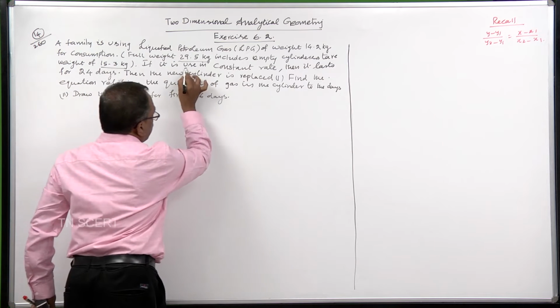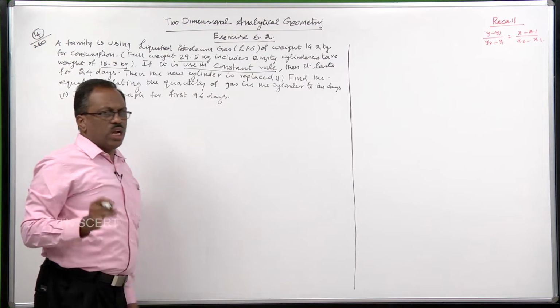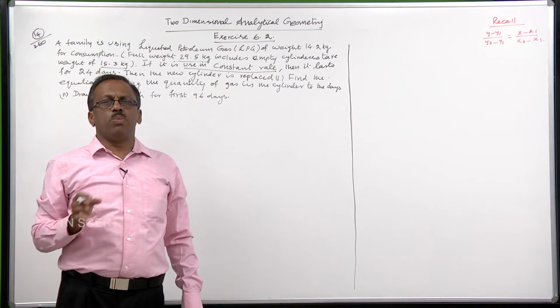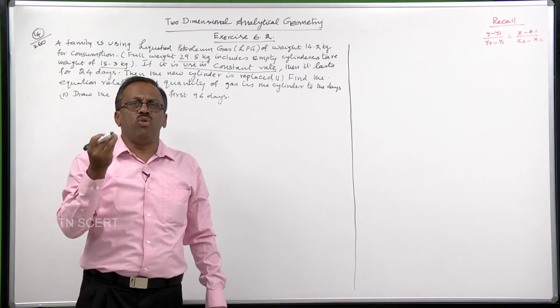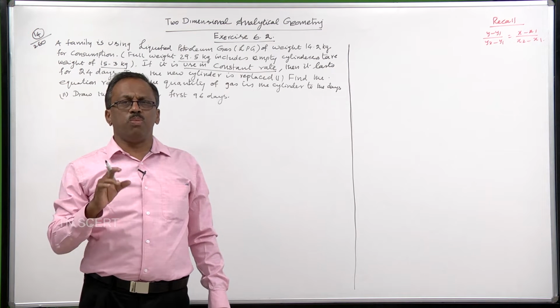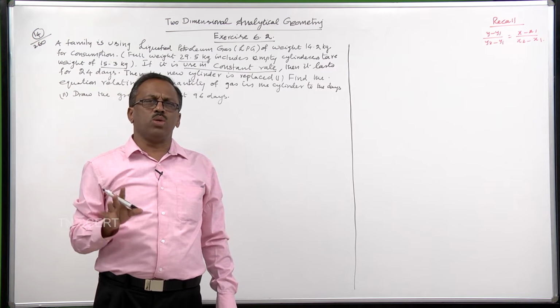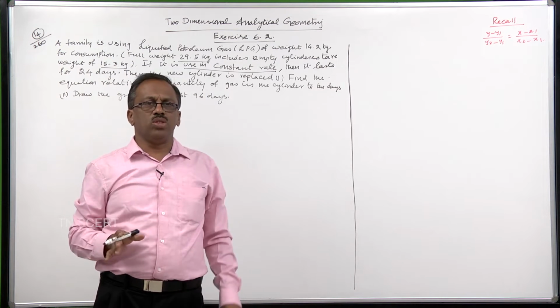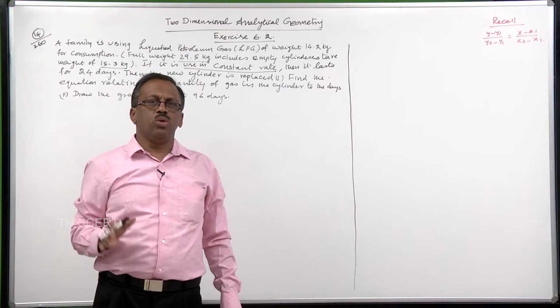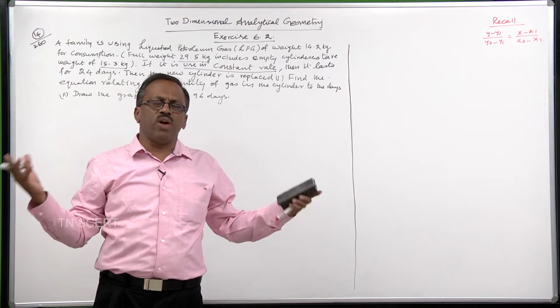If it is in use at a constant rate, that means regular usage. Suppose a family has 3 plus 1, 3 plus 2, 5 members, or 2 plus 2, 4 members at home, that is normal usage. If it is 5 plus 2 or 7 plus 2, it is a big family.